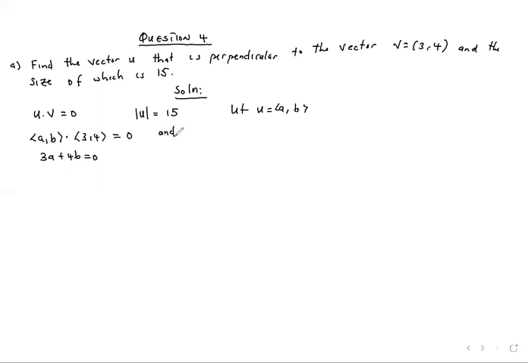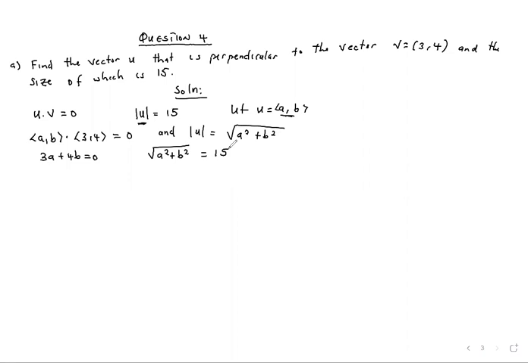And the modulus of u is the modulus of this guy. This magnitude is the same as the square root of a squared plus b squared. But since we are told that the square root of this guy, as you can see from top here, should be 15. So then we have 2 equations to solve.